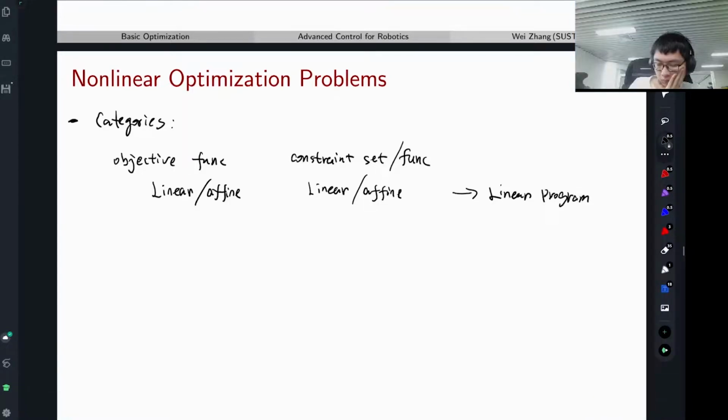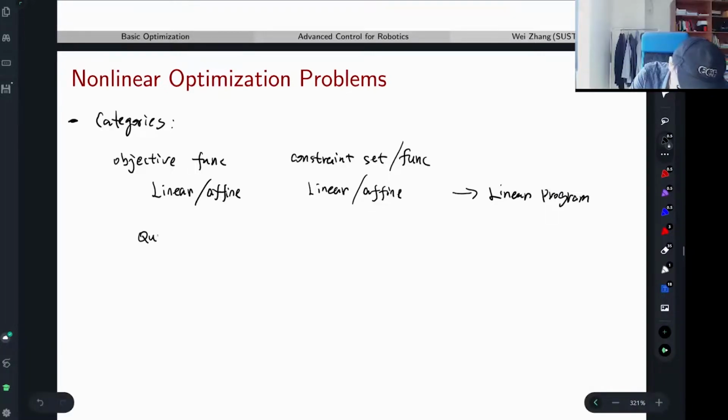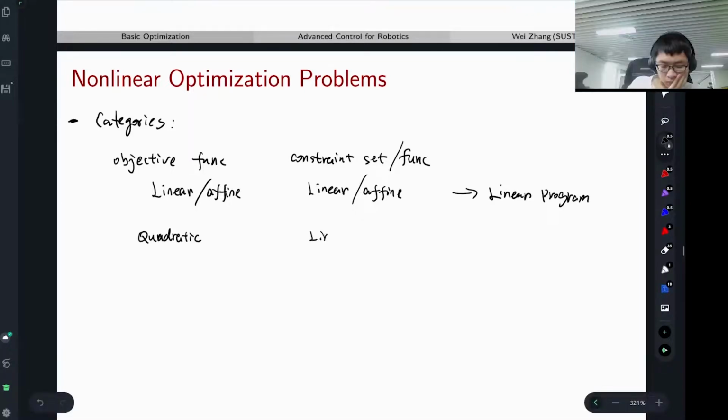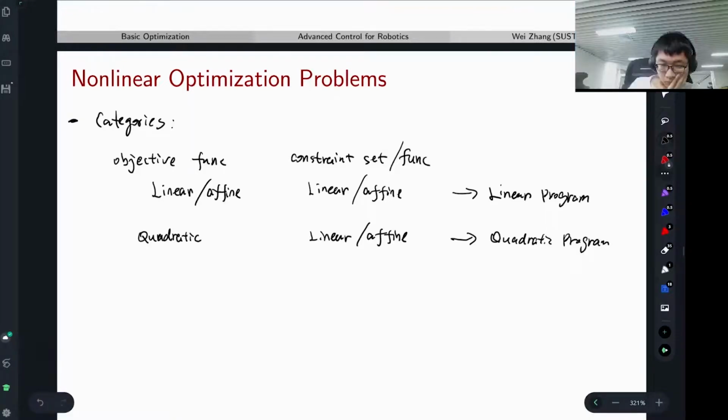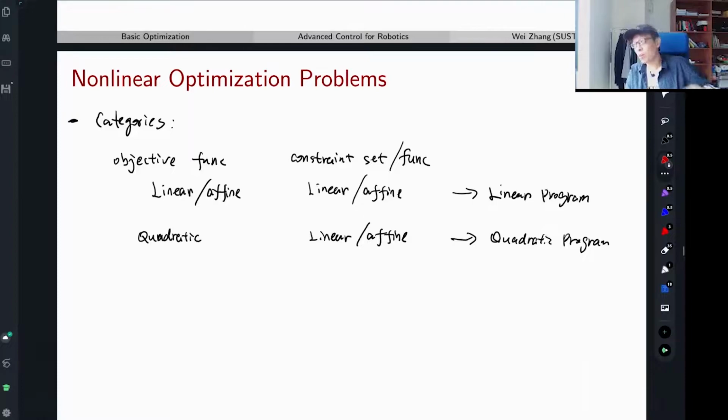And if the objective function is not linear anymore, it's quadratic, and also the constraint set is linear and affine. That's what we mean by quadratic program. Most people refer to it as QP or quadratic program.